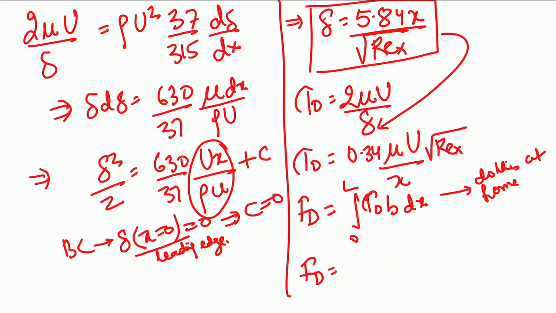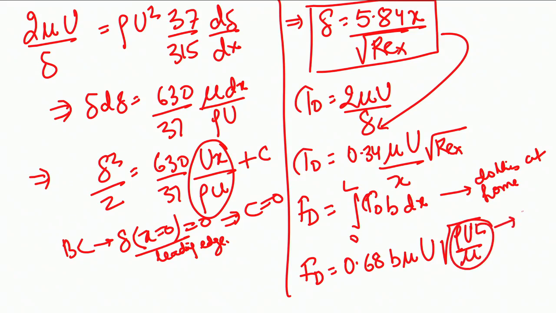Also the Reynolds number you put in terms of u and x, and then you can get 0.68 b mu capital U under root rho U L by mu. This actually is the Reynolds number at L. Okay, but anyways, this is the thing.